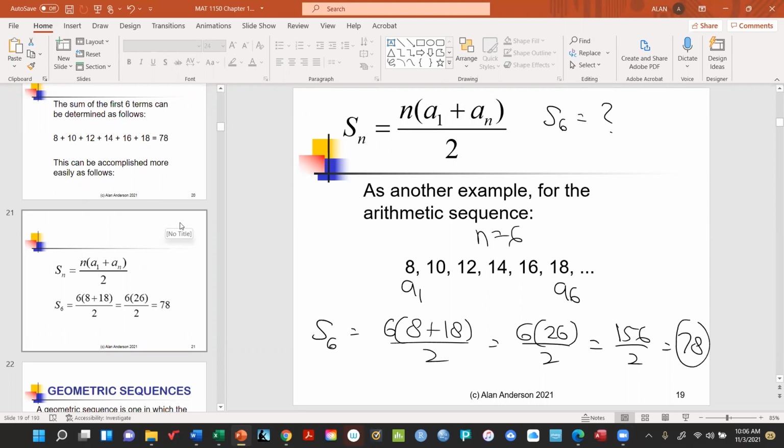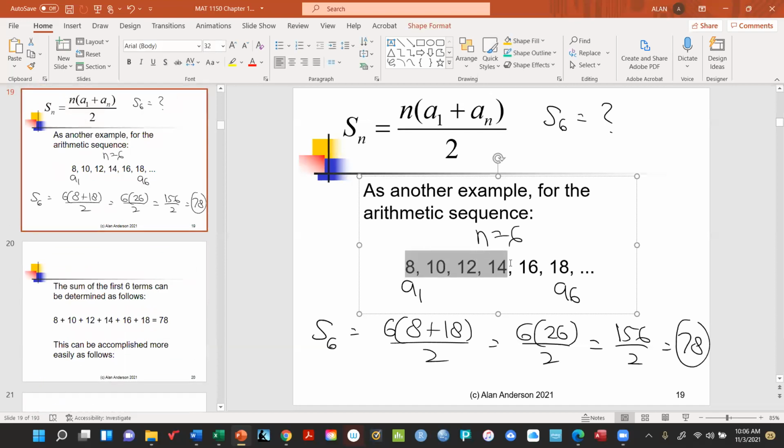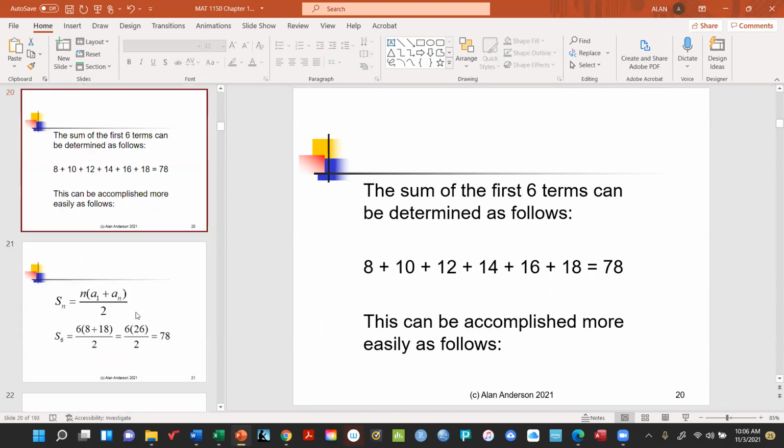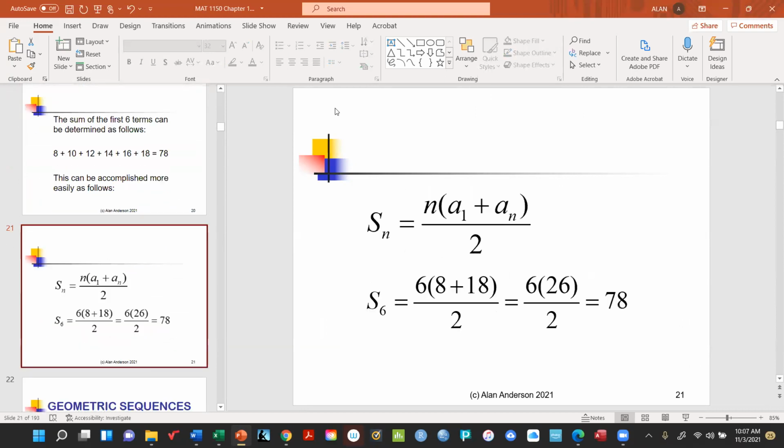Now, by the way, there's a clever way of looking at this. If you want to think about it, let me just show you what this formula is really doing. Those are the elements. Now, what you're really doing is saying, all right, what's going on here? We have a pair of numbers whose sum is 26.